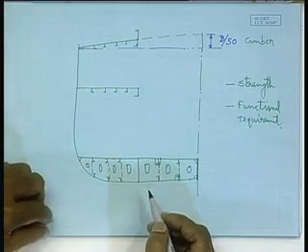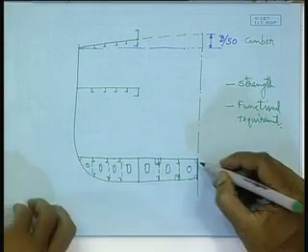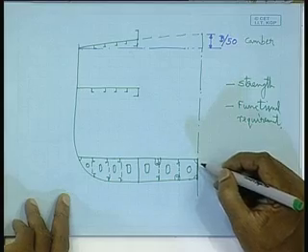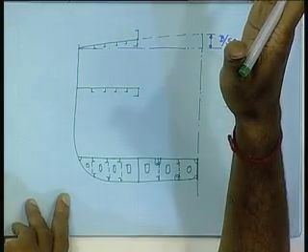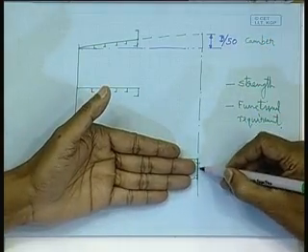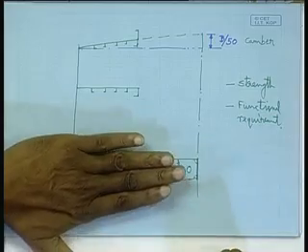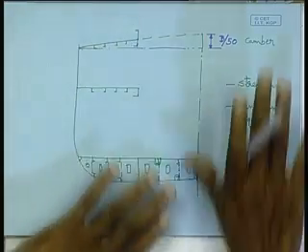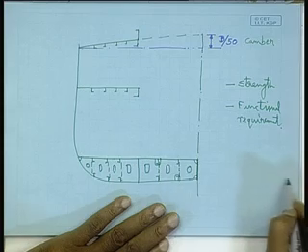Now, there is one term called intercostal. The center girder is generally taken to be a continuous longitudinal member, meaning the floor plates come and end at the center girder. Again, from the other side, this is my port side view. On the starboard view, the plate floor starts from here.